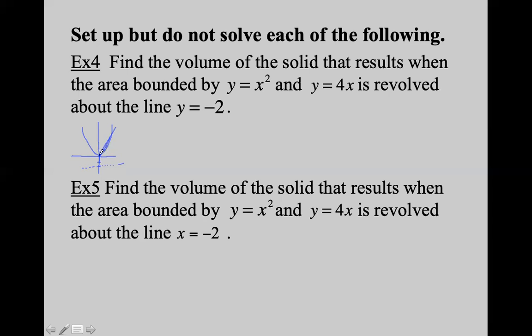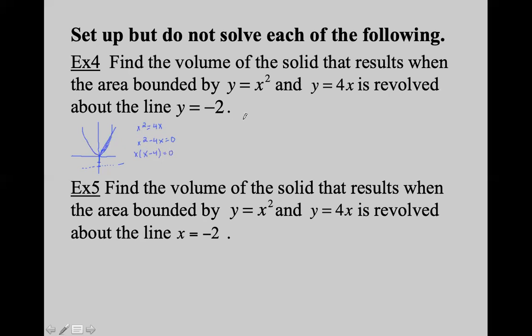All right, other things I'm going to have to know are my limits of integration. So I need to know, where does x squared equal 4x? Well, I can see that one of them is 0, right? I can see those two curves hit there. But I'll go ahead and do the math here. I'm going to bring the 4x over, set it equal to 0, factor out an x, and I get x times x minus 4.